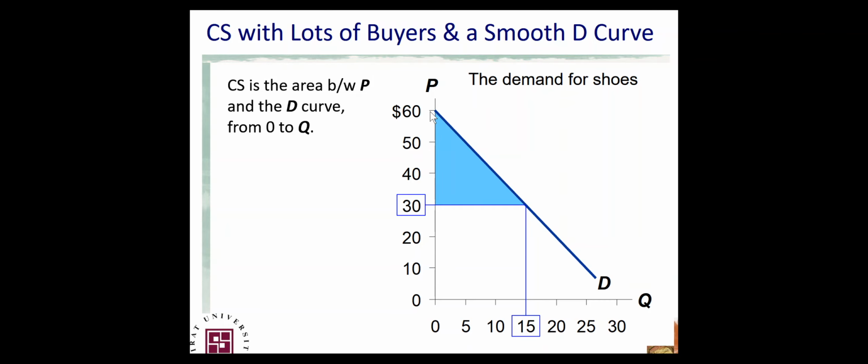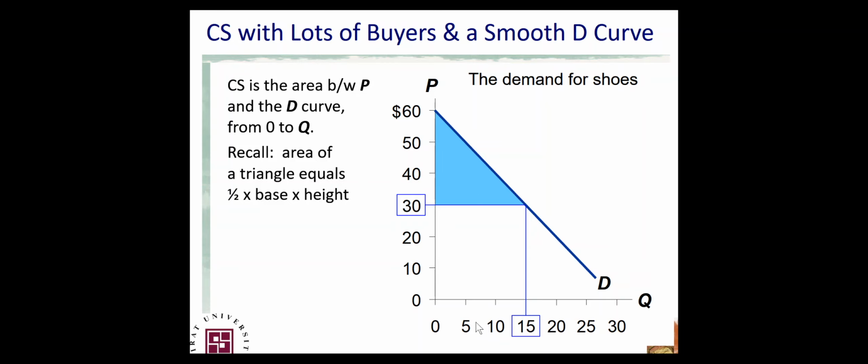We have a basic rule. We have the height and the base. It's 0.5 or 1/2 multiplied by the height and by the base. If you multiply the height and the base and divide by 2, we will get the area of this triangle. And that's the total consumer surplus in this case.